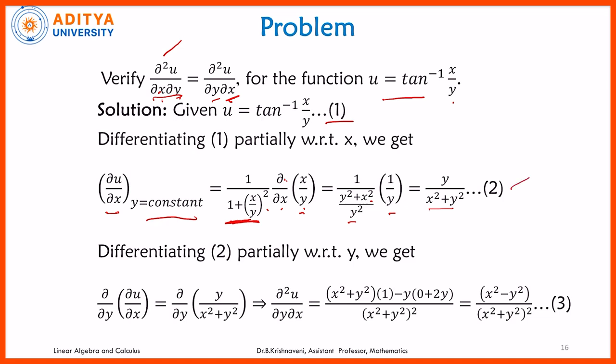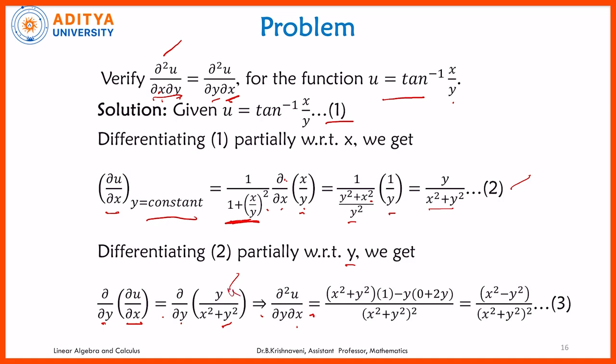So, the 1 by y gets cancelled and you get dou u by dou x is equal to y by x square plus y square. Now do the second derivative, differentiating with respect to y now. That is dou by dou y of dou u by dou x, which is equal to dou by dou y of y by x square plus y square, which we just calculated. This implies dou square u by dou y dou x is equal to, now with respect to y we are calculating, and both the numerator and denominator contain a y. So apply the u by v rule in derivatives.